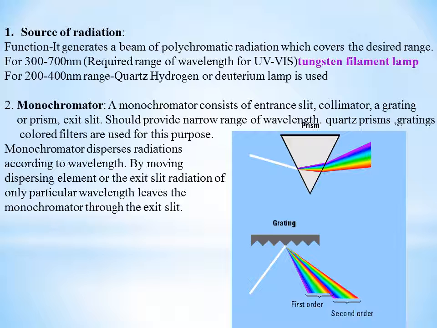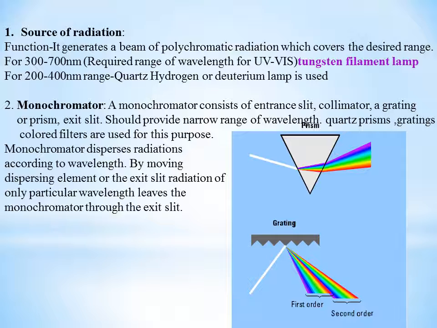With the slits we can use a quartz prism or gratings or colored filters to get the narrow range of wavelength. The monochromator disperses radiation according to wavelength. By moving the exit slit, radiation of only a particular wavelength leaves the monochromator through the exit slit.